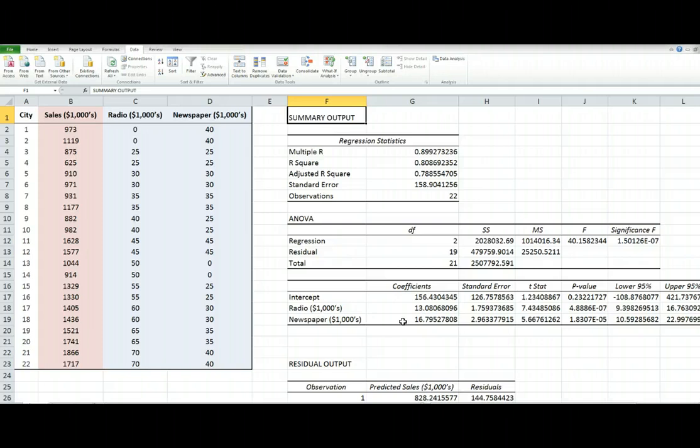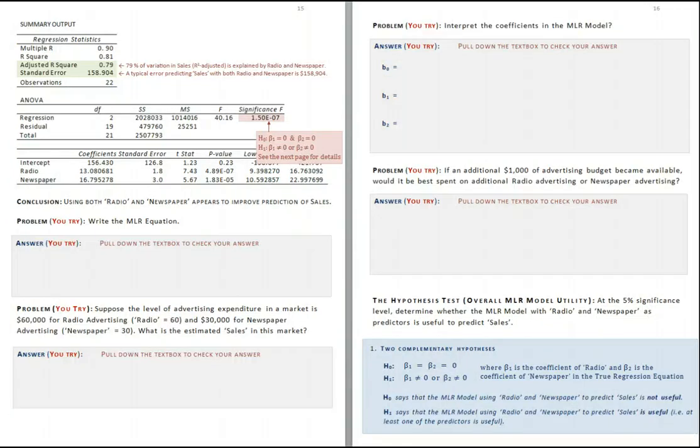Let's return to the Module 5 notes. Here is the Excel output we were just looking at, to a different number of decimal places, at least in some of the entries, and without the fitted value and residual value table at the bottom.